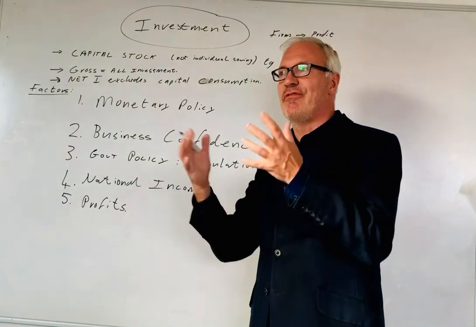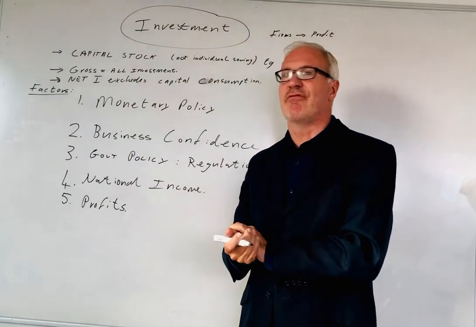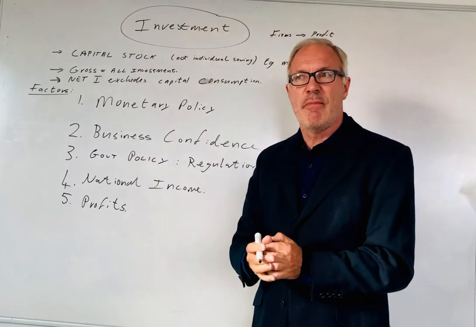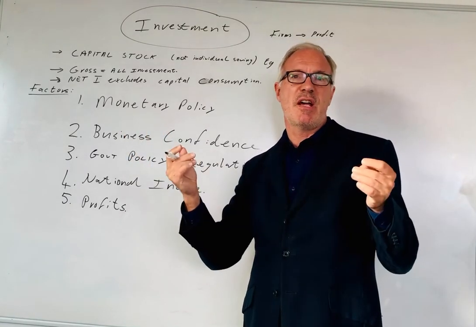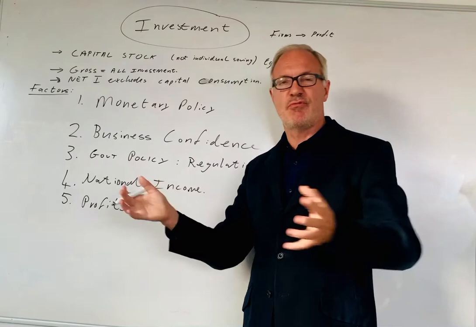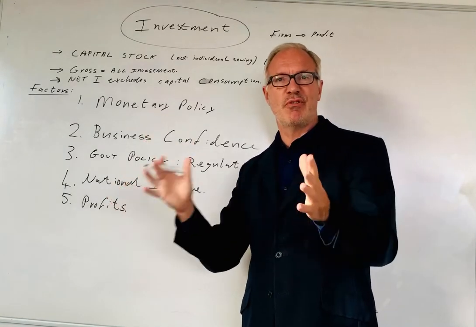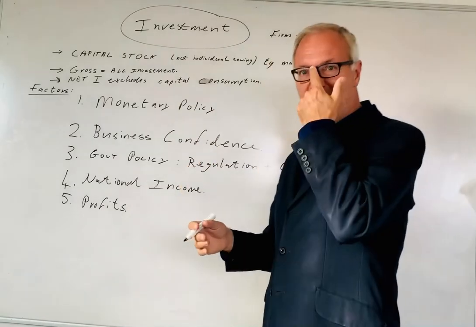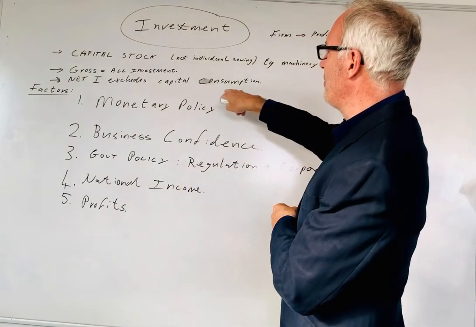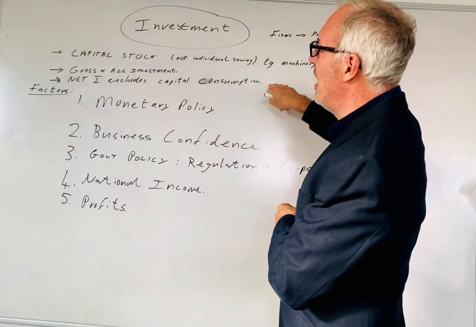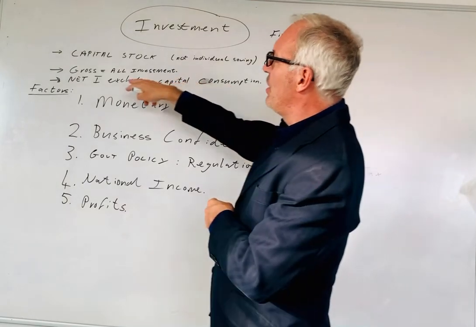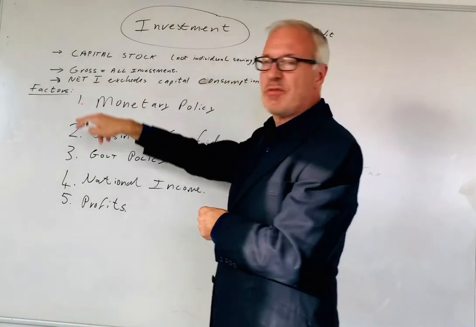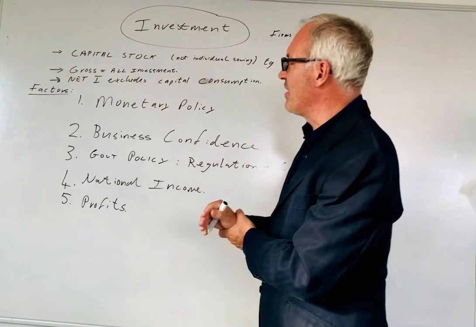For a firm, you might have a fleet of lorries. Eventually they need repairing, or they might need replacing. You might have a building for your factory, needs a new roof, for example, to stop the rain coming in. That would be called capital consumption or capital depreciation. And it would be excluded from net investment, which is new additional investment.